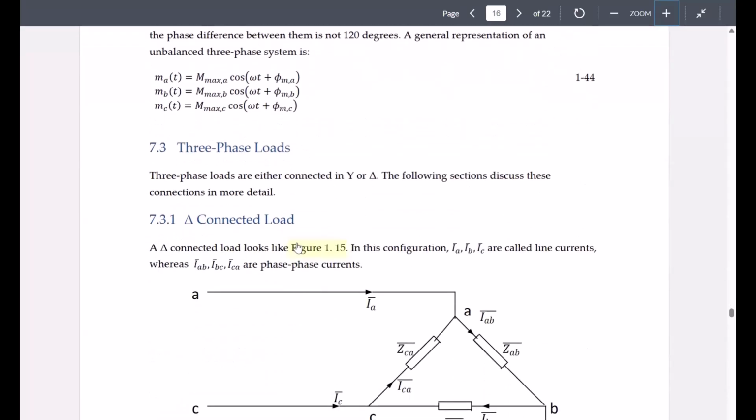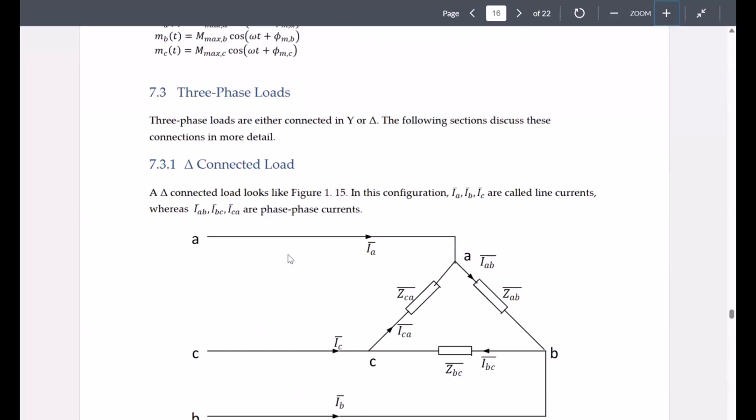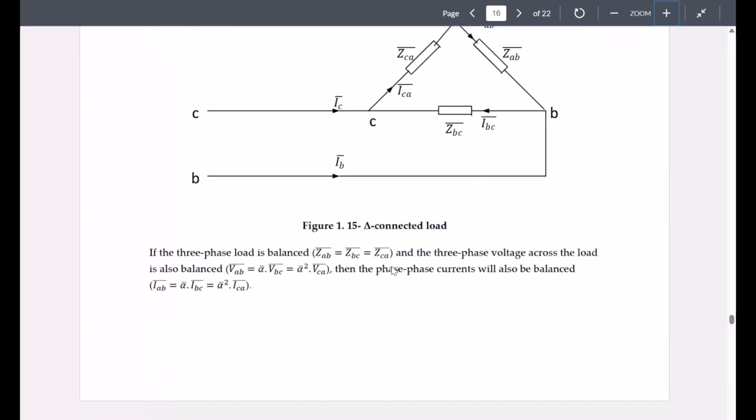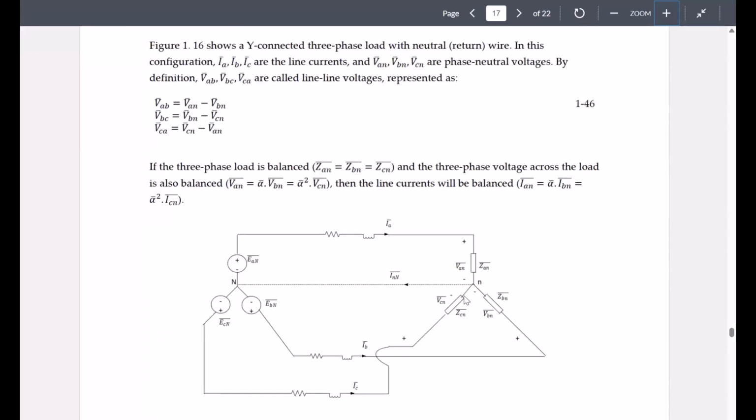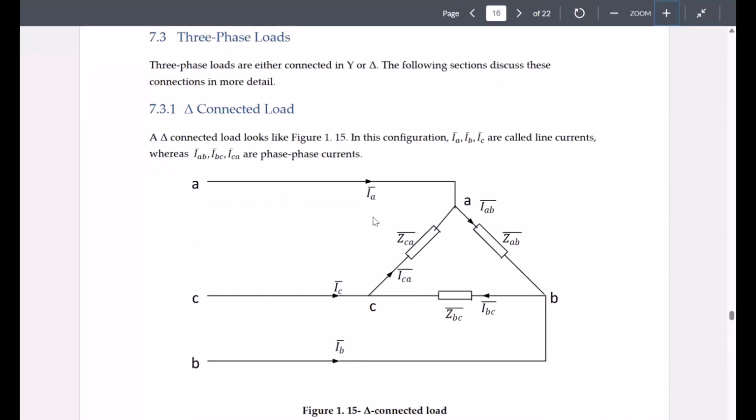Now, talking about 3-phase loads, this is how a 3-phase load would look. We could have either a delta connection or a Y connection. If you have a delta connection, consider the ABC terminals.